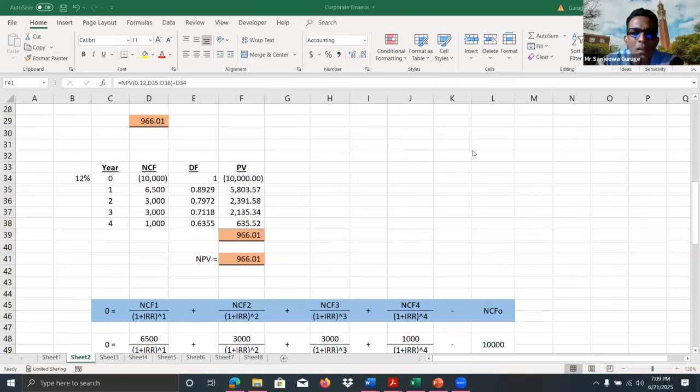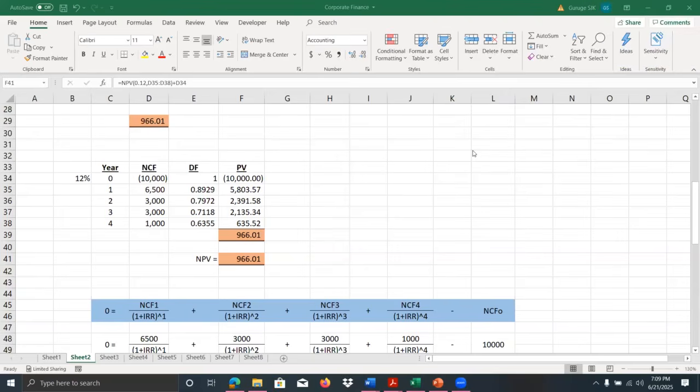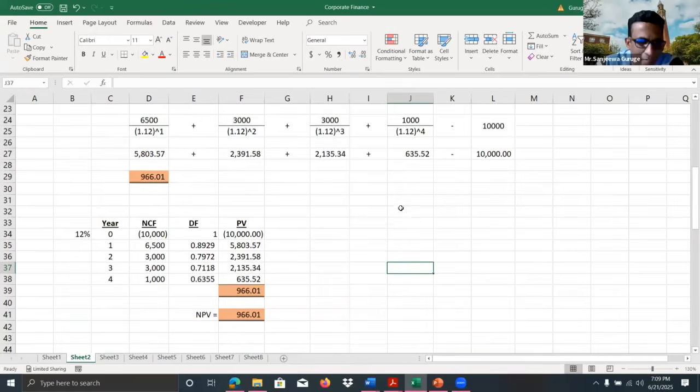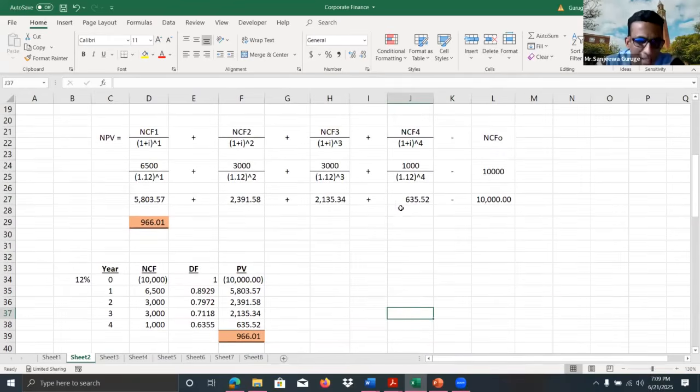Because as I know, financial calculators are not allowed for this. Only the scientific calculator. Okay. With the financial calculator there is another method, but we can calculate that easily with a normal scientific calculator, right?